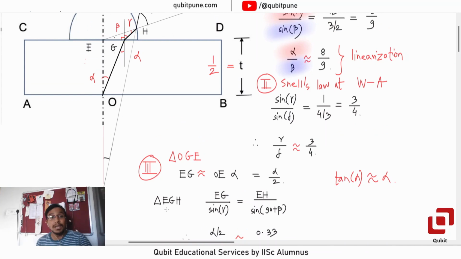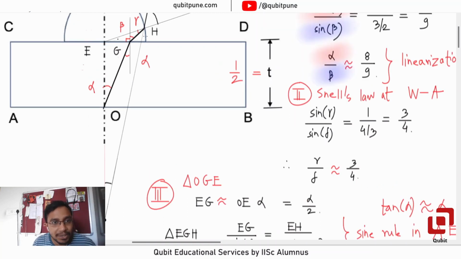Now we need to consider triangle EGH and apply the sine rule, but in what form? Pay attention.